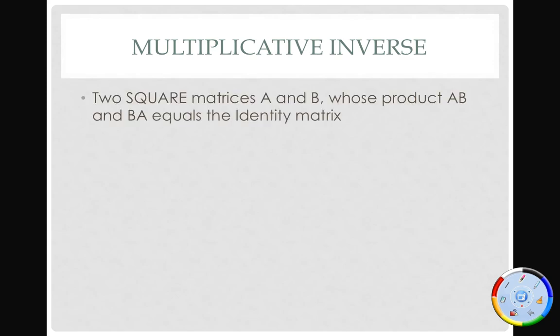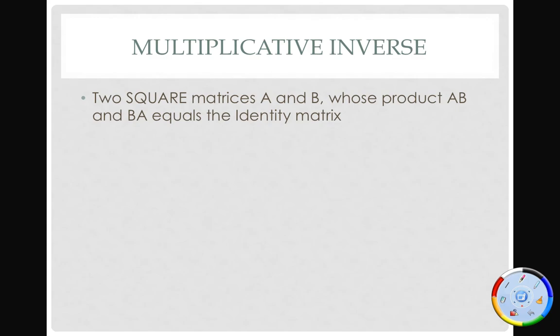Okay, multiplicative inverses. There are a lot of things that we can only do with square matrices, like a 2 by 2 or a 3 by 3 or a 4 by 4. There are some things that we cannot do if they're rectangular matrices.